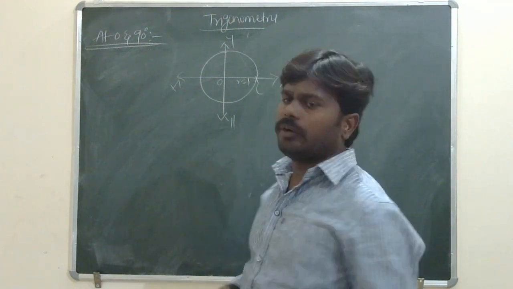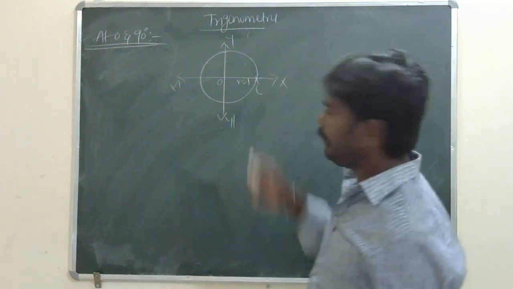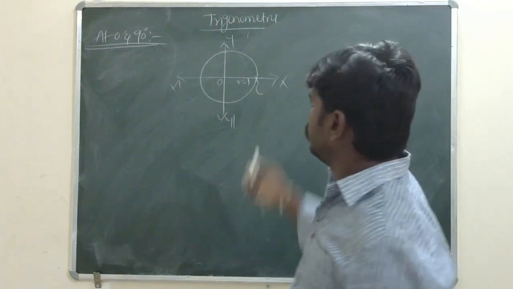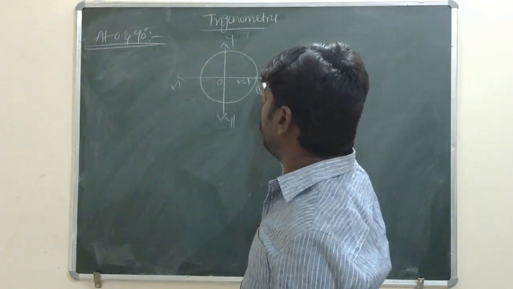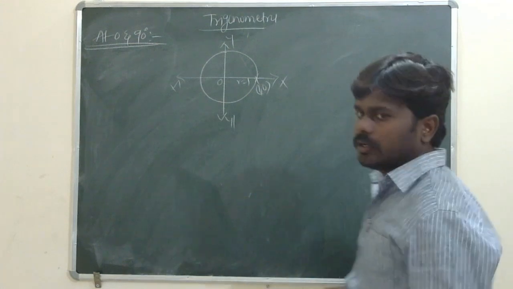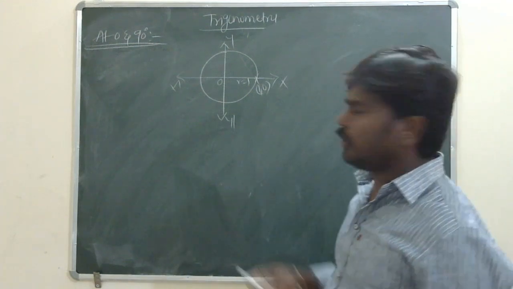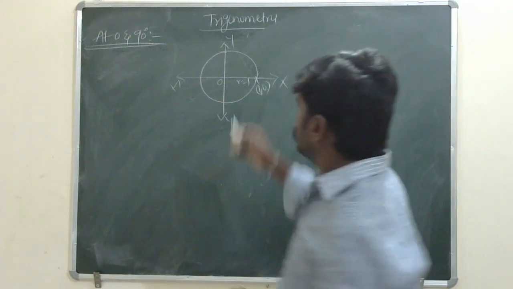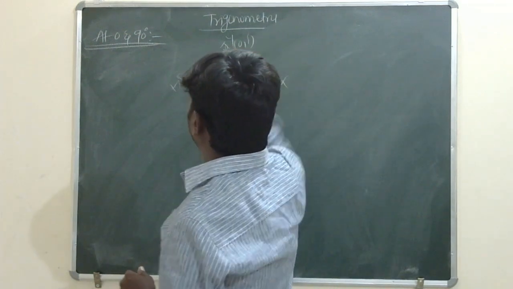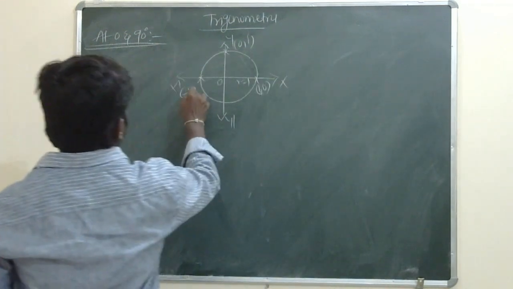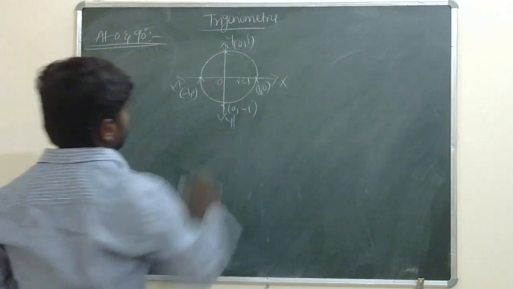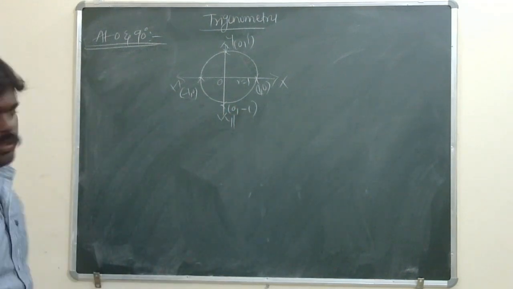With 1 unit radius, or unit circle, that means the point here we can take as 1, 0, because on the x axis y coordinate is 0 and x is equal to 1. So similarly here we can take 0, 1 and here we can take -1, 0 and here 0, -1. These are the points we can take, of course.